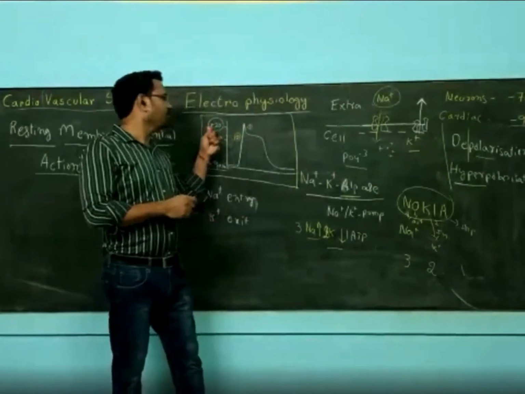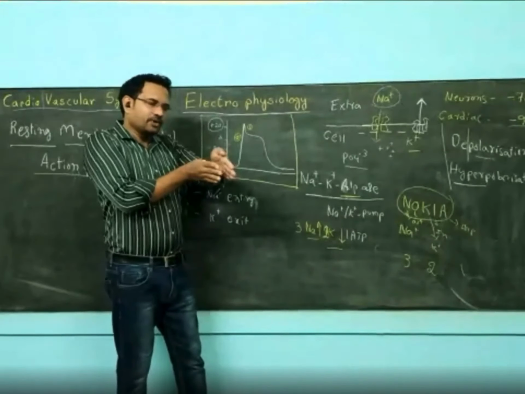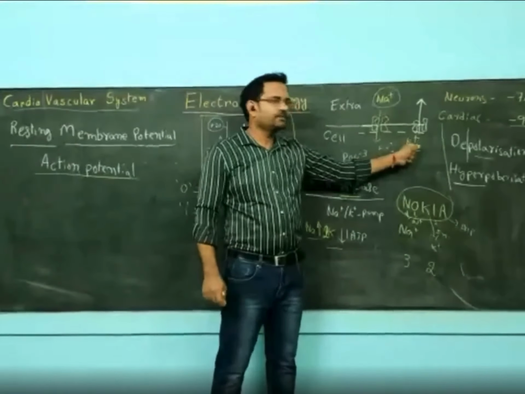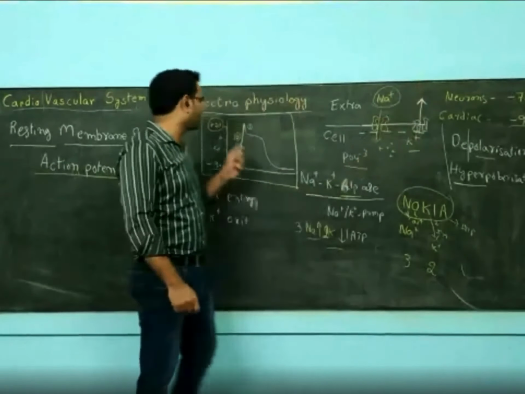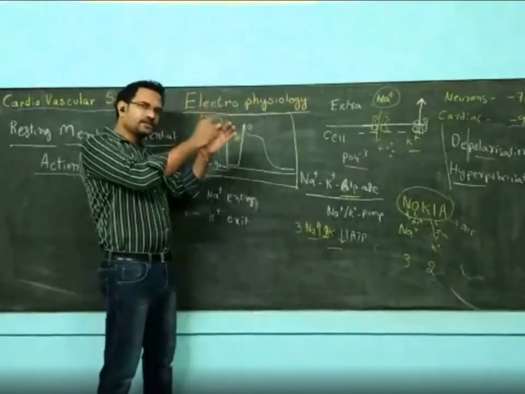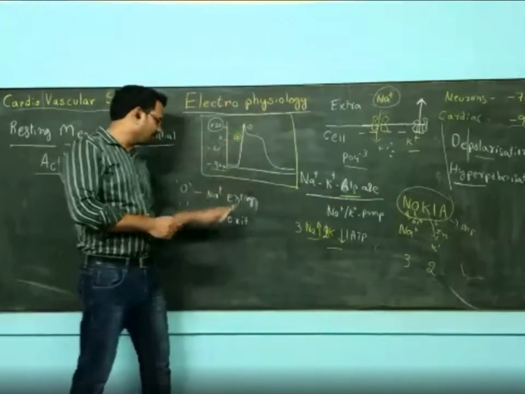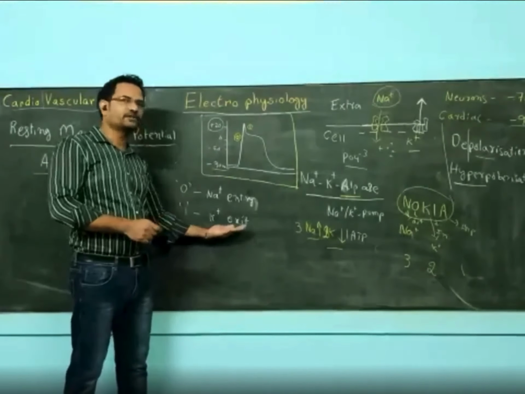It has come to plus 20. When potassium channel is open, slowly potassium is going out. What is the charge of potassium? A positive charge. A positive charged ion is going out. What happens to the potential? Instead of plus 20, it will be slowly coming down. That is why the slope goes down. This is the first phase, because of potassium exit.